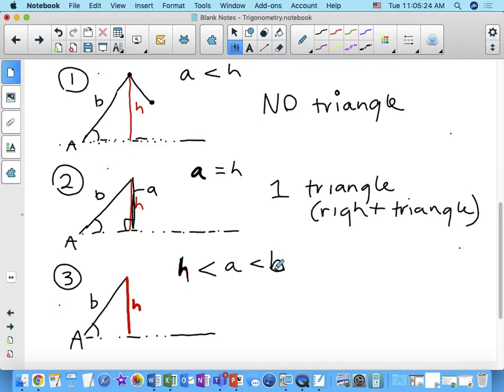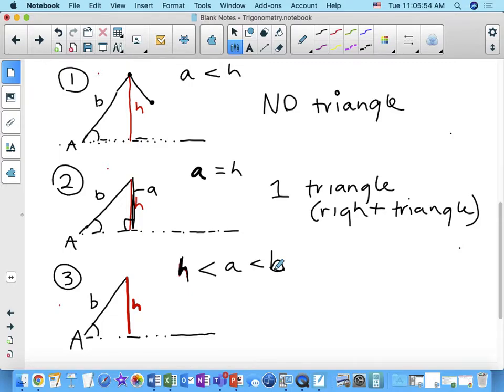then what could happen? How many triangles could I get? Yep. Not an infinite number, because A is a fixed value, but it has to be somewhere between these two.